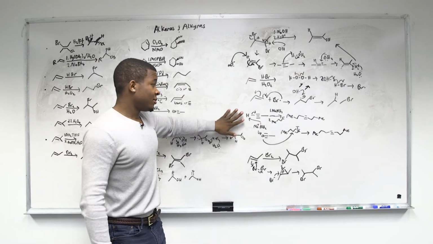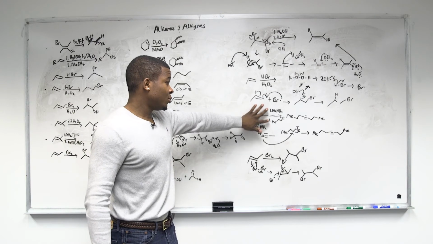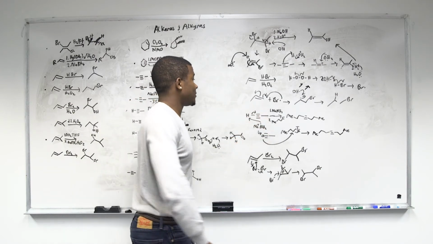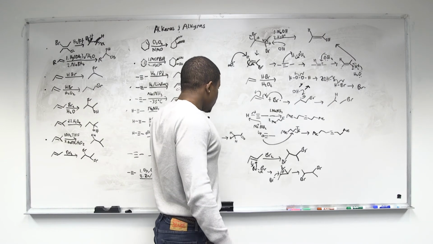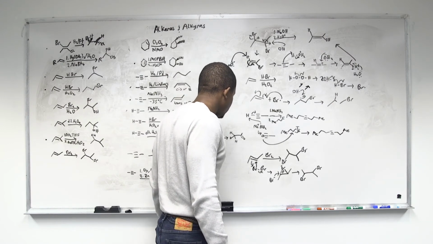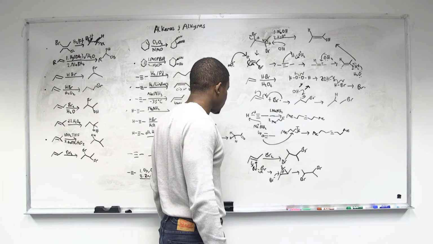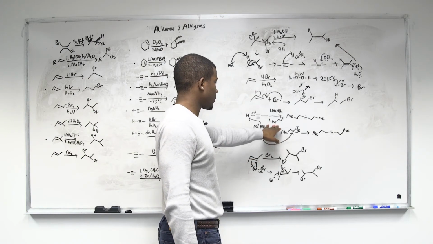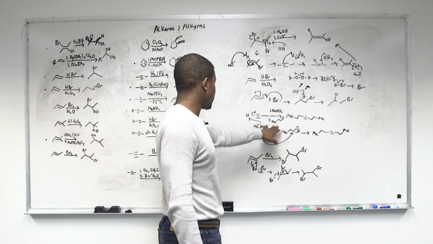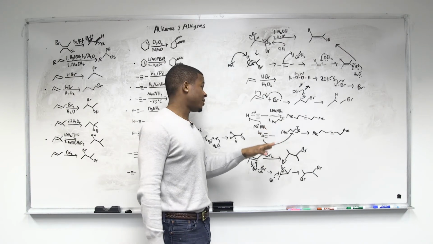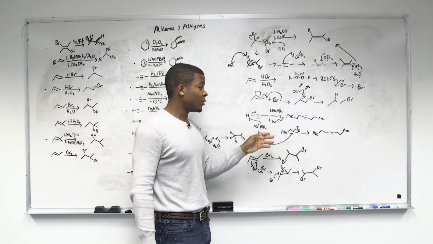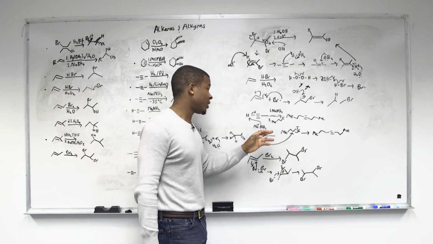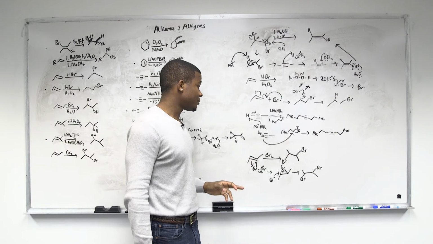For our next mechanism, we have NaNH2 over an acyl halide, similar to Williamson ether synthesis. All right, for our next mechanism, we're going to have NaNH2 over an acyl halide with a terminal alkyne.